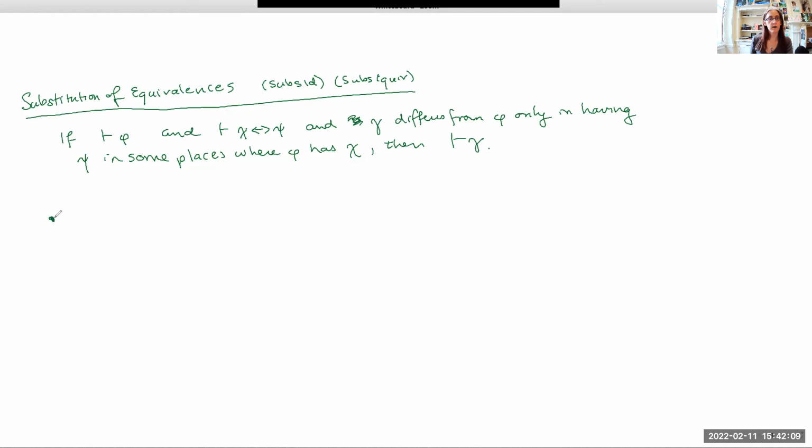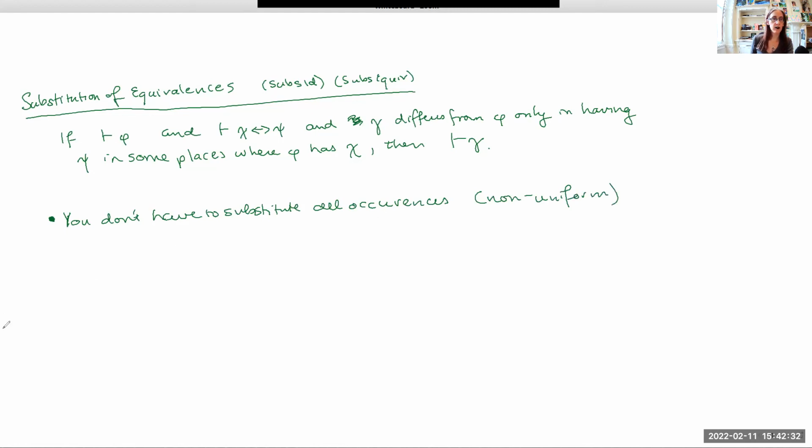So just to reiterate the two important points. You don't have to substitute all occurrences. So this makes it non-uniform. That's why it differs from uniform substitution.